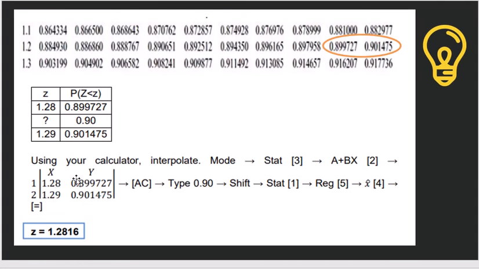So, ibig sabihin, using the calculator, interpolate mode, ito yung ating magagamit nyo using your scientific calculator. Try to solve on your own. Just click the mode, then select the stat, then select this given function. Then you will see in your calculator, then input the given data. From number 1, you have the 1.28, that is equivalent to this given number, and 1.29, this will be your given number, and you're going to have your result of Z is equivalent to 1.2816.